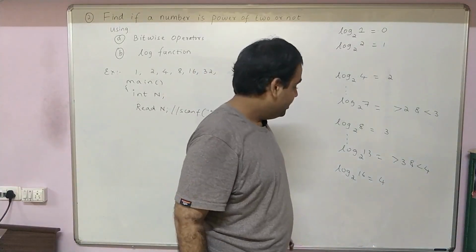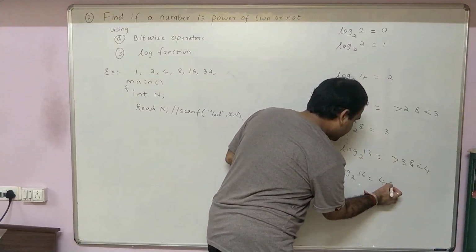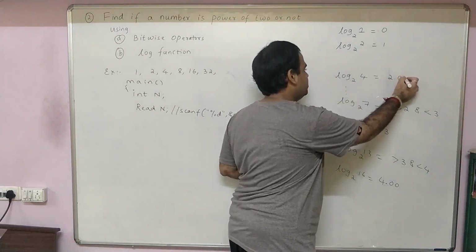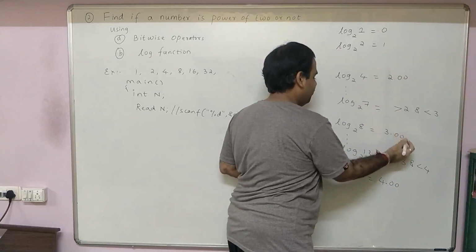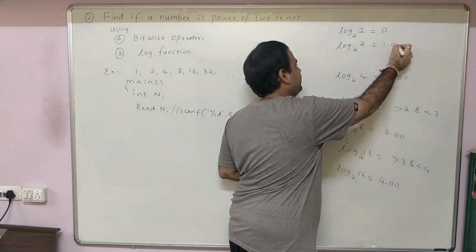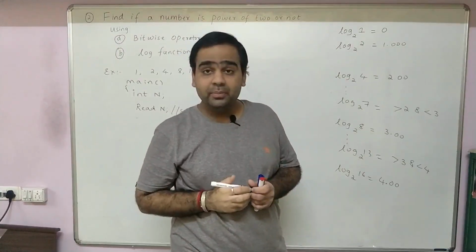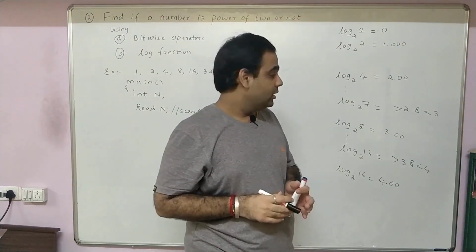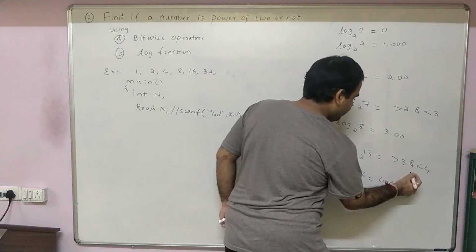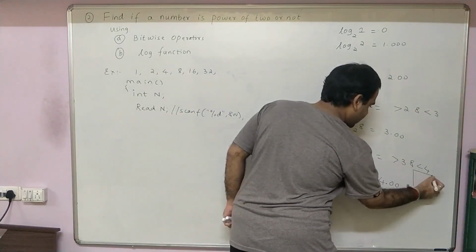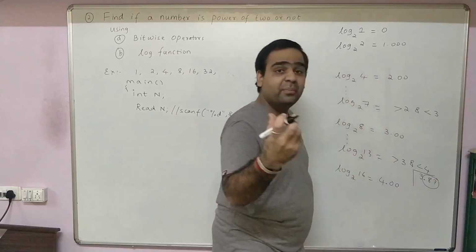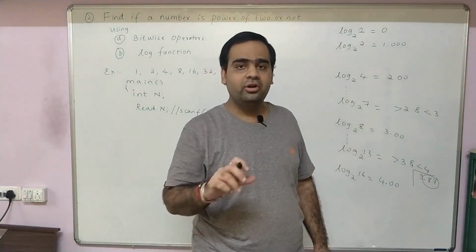And what is log 16 to the base 2? It is 4.000. One thing you can observe here: if log 13 to the base 2, suppose I am assuming it to be 3.87, the decimal part is not 0.